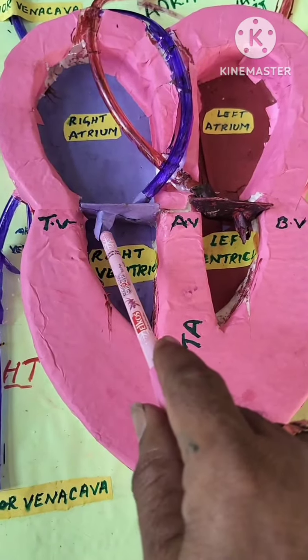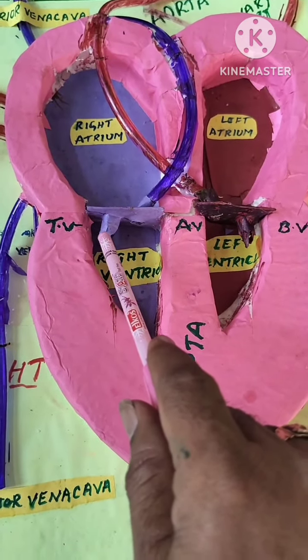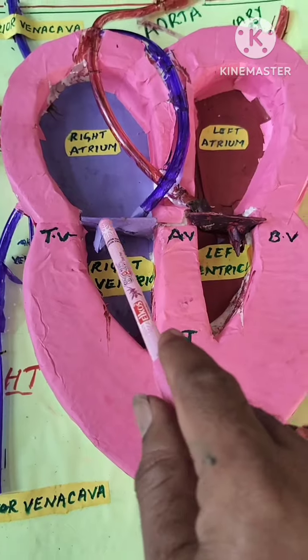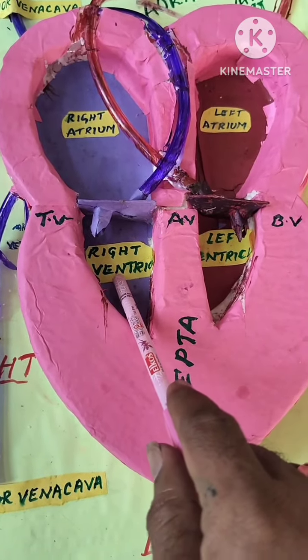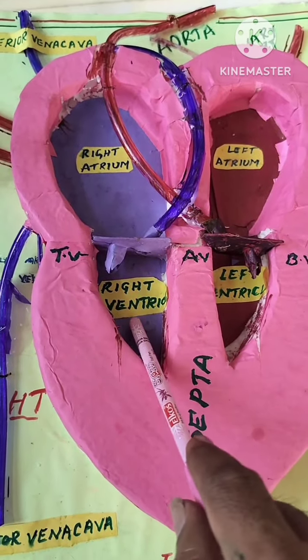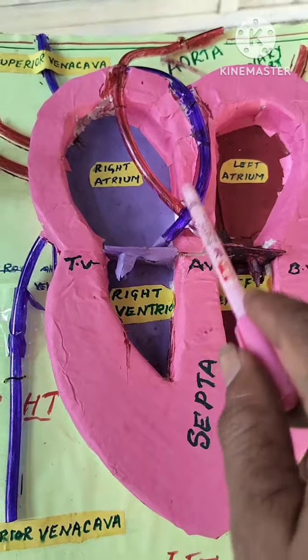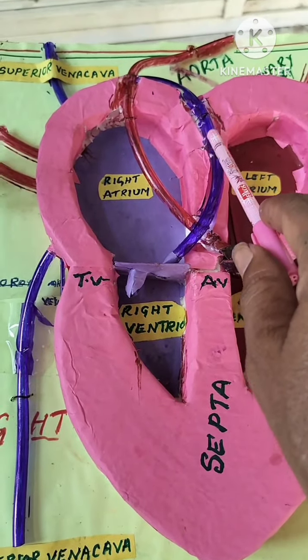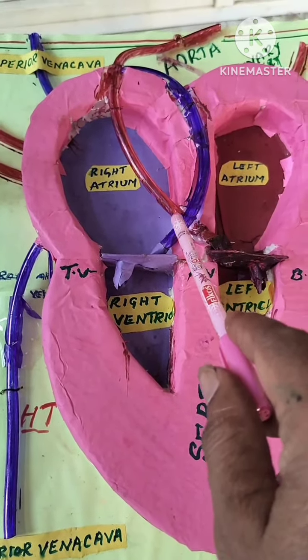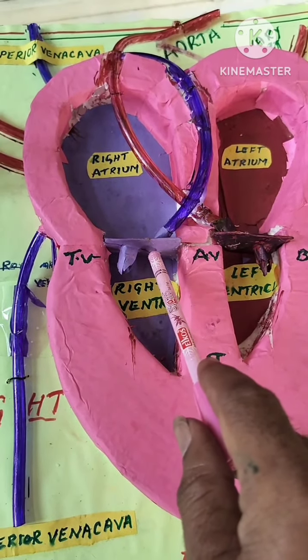This valve is called the tricuspid valve. Then the deoxygenated blood which enters into the right ventricle enters into the pulmonary artery through a valve, the pulmonary valve.